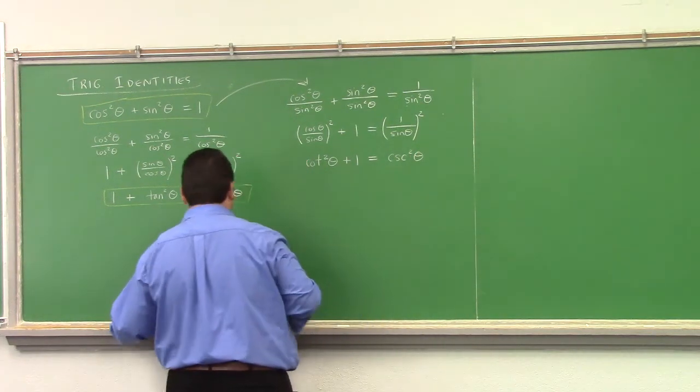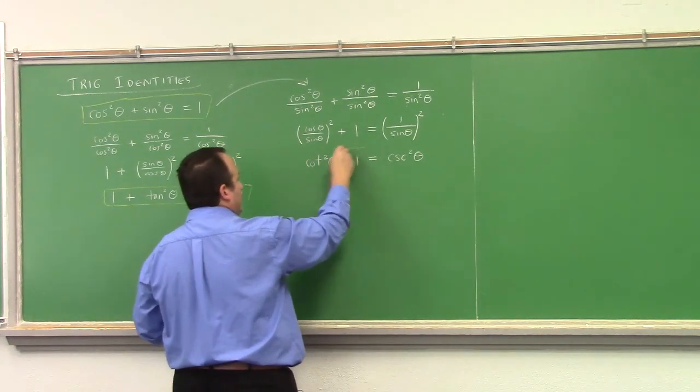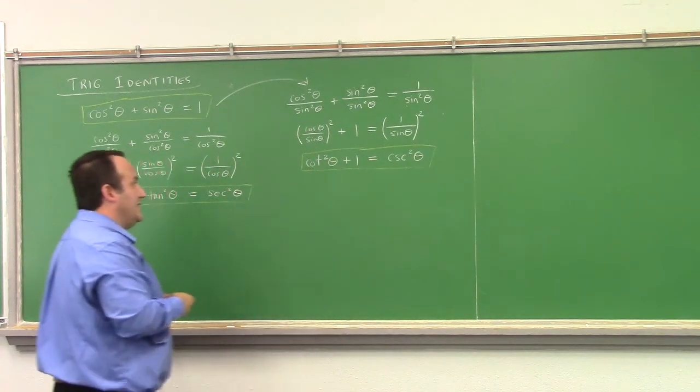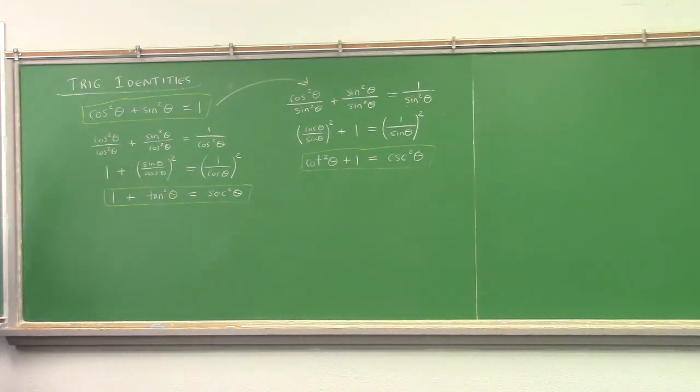So there you go. These are the three sort of fundamental, I would call them Pythagorean identities, that relate sine, cosine, the secant, and the cotangent. All right. So whenever we're working with identities, we always need to have these tools in our toolkit.